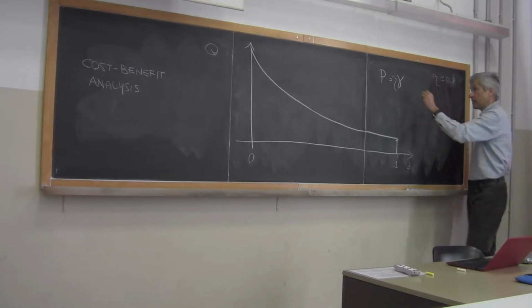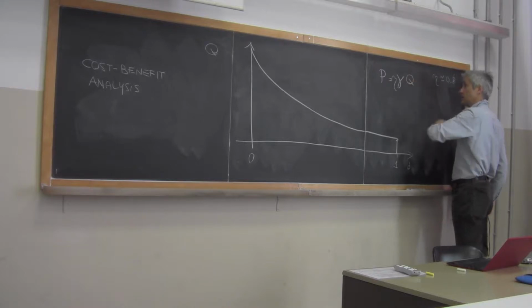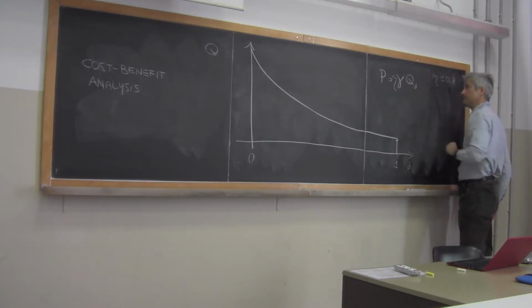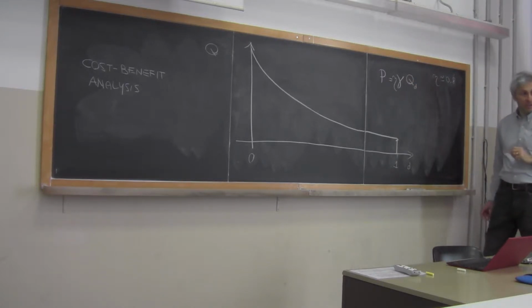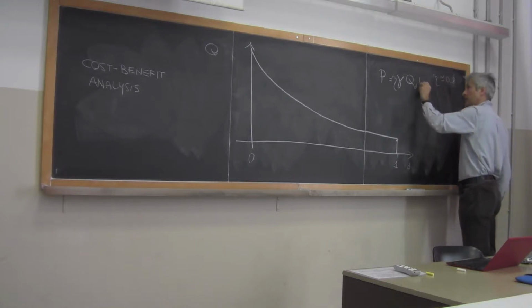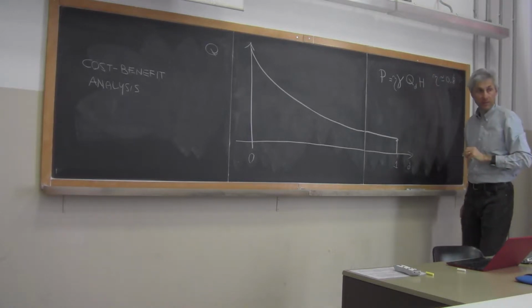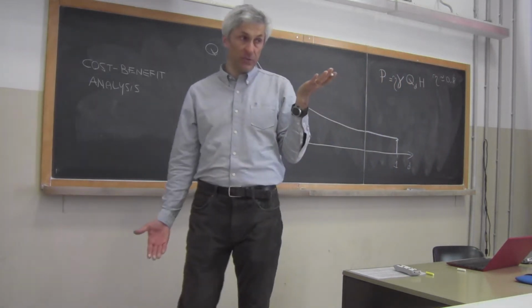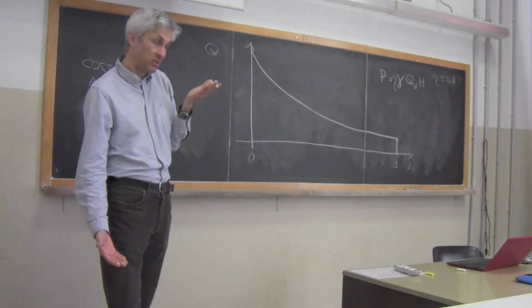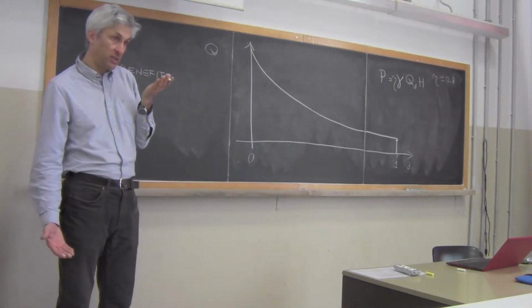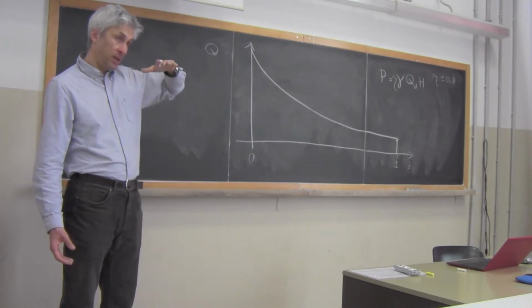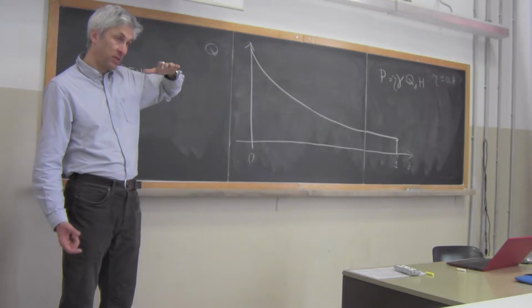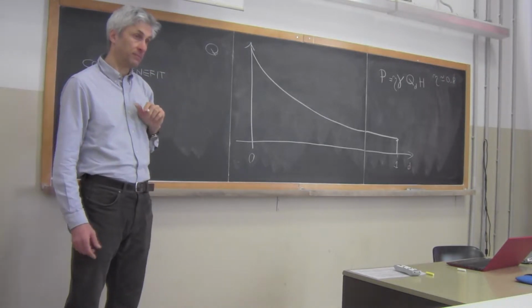And then here I have to put the design flow, QD, and the hydraulic head. The head is the difference in elevation, in altitude, between the place where you get the water and the turbine.